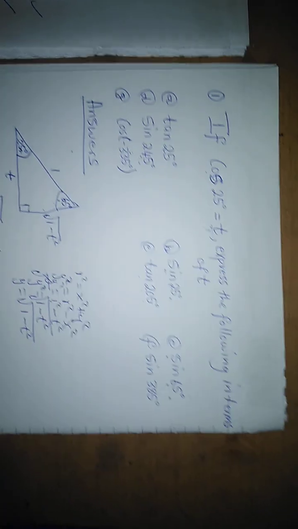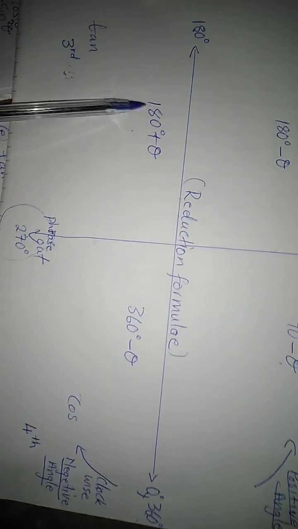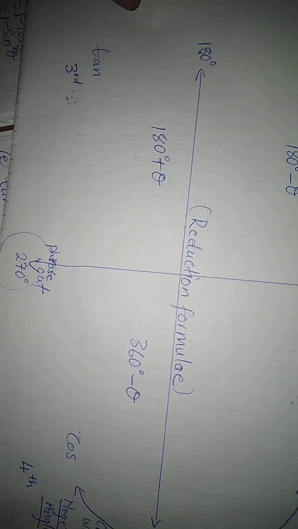Let's continue. E. Now E, it is 205. So tan of 205 degrees is equal to... which quadrant does it belong to? It belongs to the same quadrant again, so we use the same reduction formula. We say 205 subtract 180, we have 25. So I will have tan of (180 degrees plus 25).